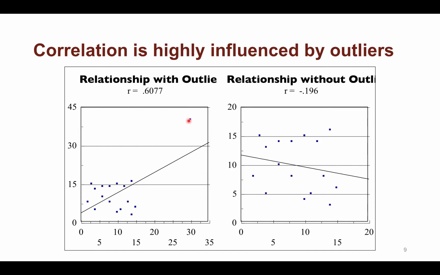If we remove the outlier and reanalyze, we would find there's a weaker relationship, but it's a negative relationship, negative 0.196. So here we can clearly see the outlier is making a big impact on our analysis.